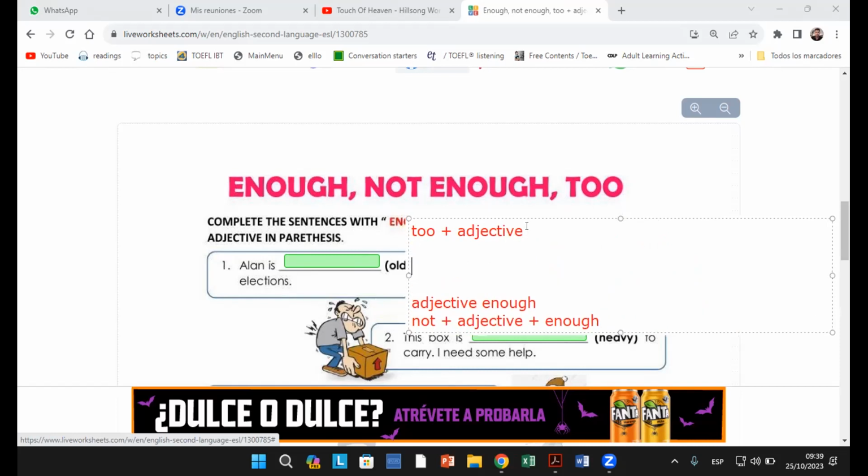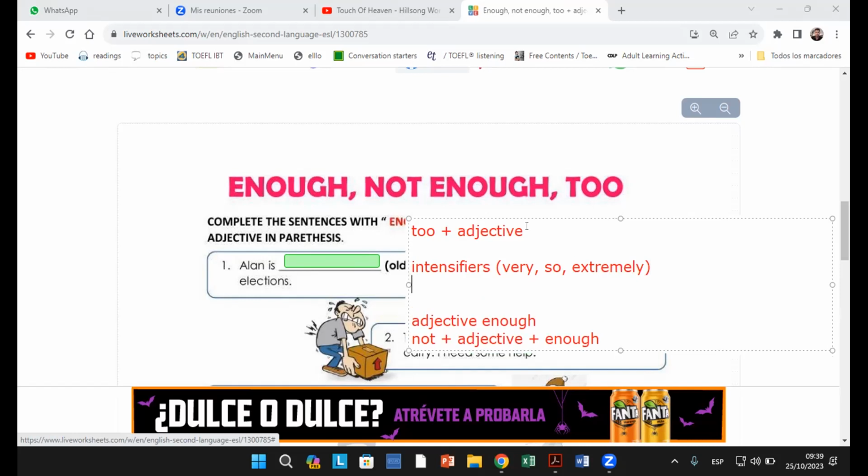Now, the other one is intensifiers. You know the intensifiers? Example, very, so, extremely. For example, so intelligent, very intelligent.